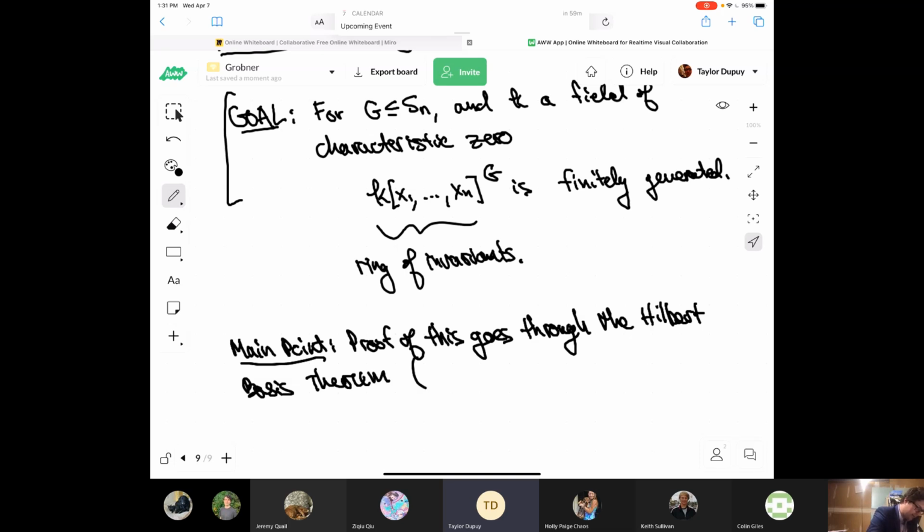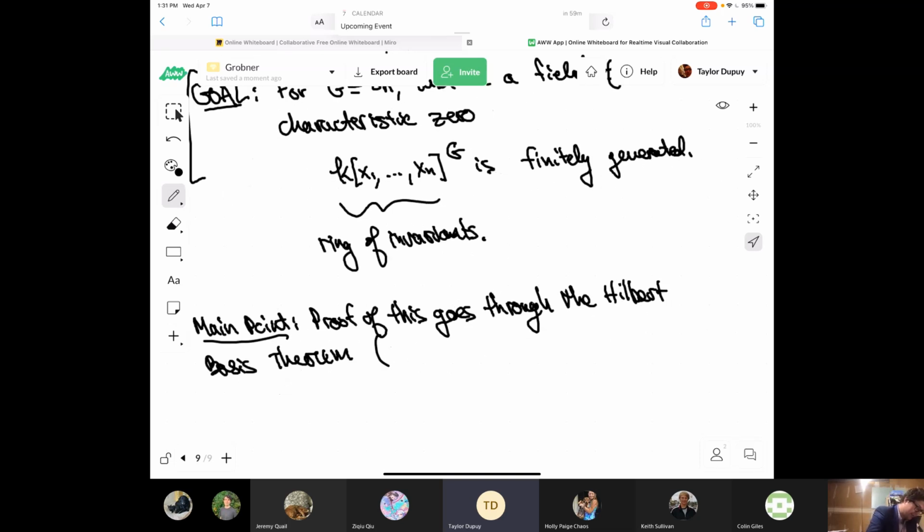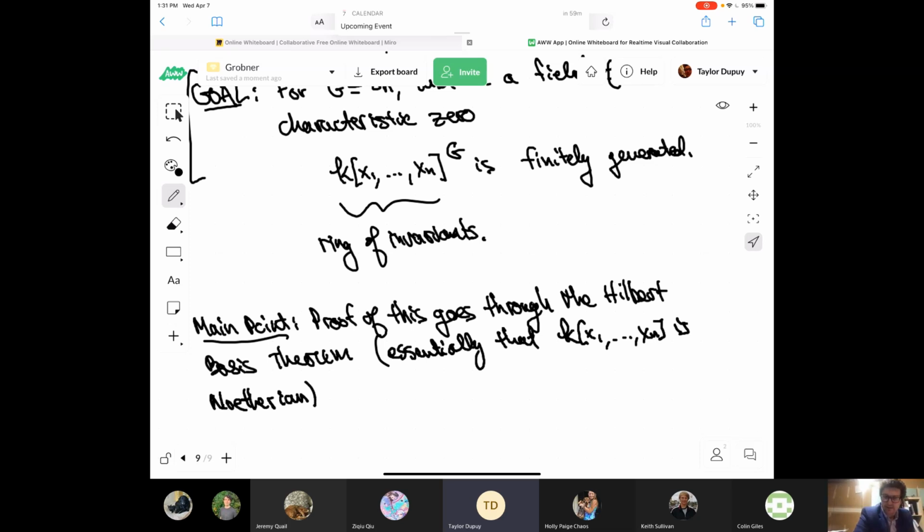Essentially, this ring here, K[x1, ..., xn], is Noetherian. And that says that ideals have a finite basis, right? That was the big deal back in the day, right?